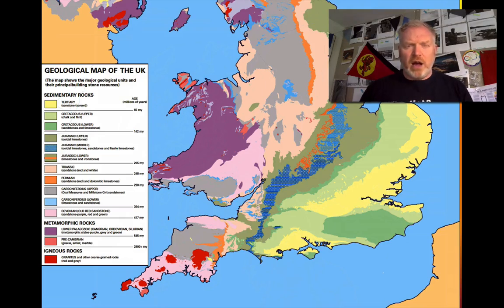The rocks there are much younger. Now, it's a rule of an orogeny that it can't affect rocks that are younger than the orogeny. It's only the rocks that obviously exist when those plates come together that get affected by the orogeny. So the Cambrian, Ordovician and Silurian rocks can only be affected by the Caledonian orogeny.